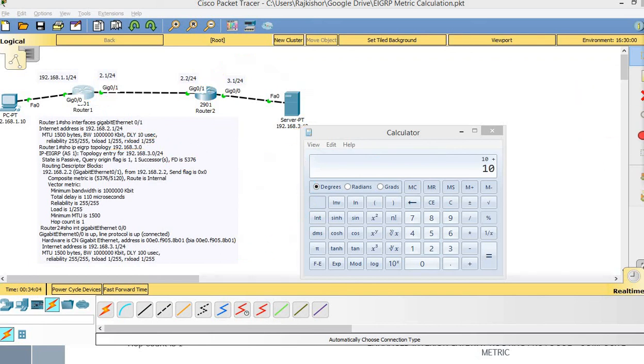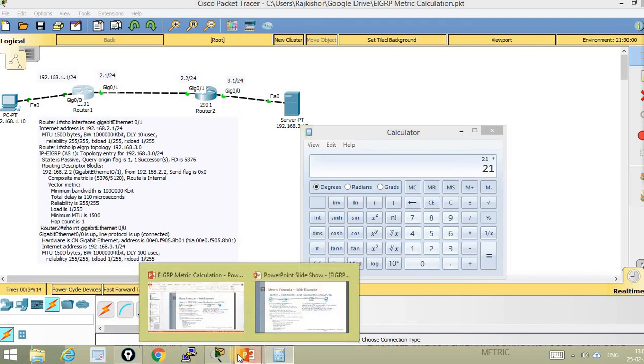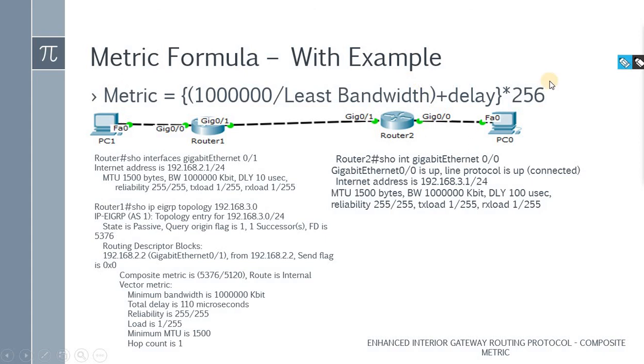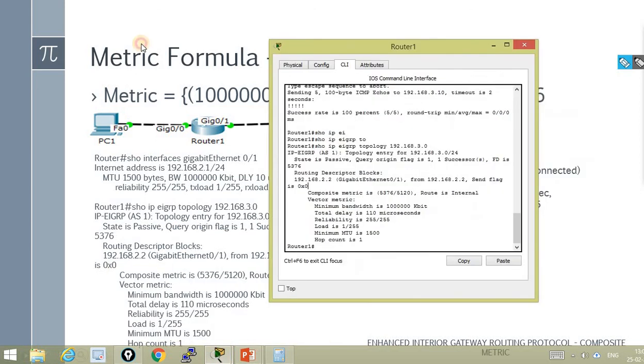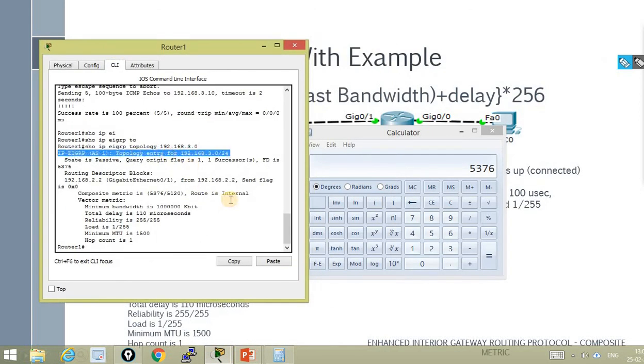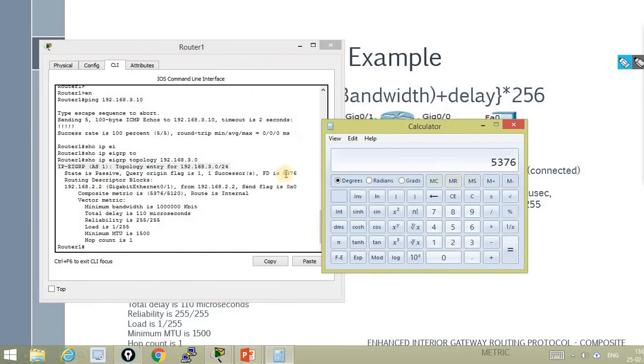So let's add this here: plus 11, into the next one, which is 256. Here you go: 5376, and this is what it was showing on the router itself when we ran show IP EIGRP topology: 5376 and 5376.